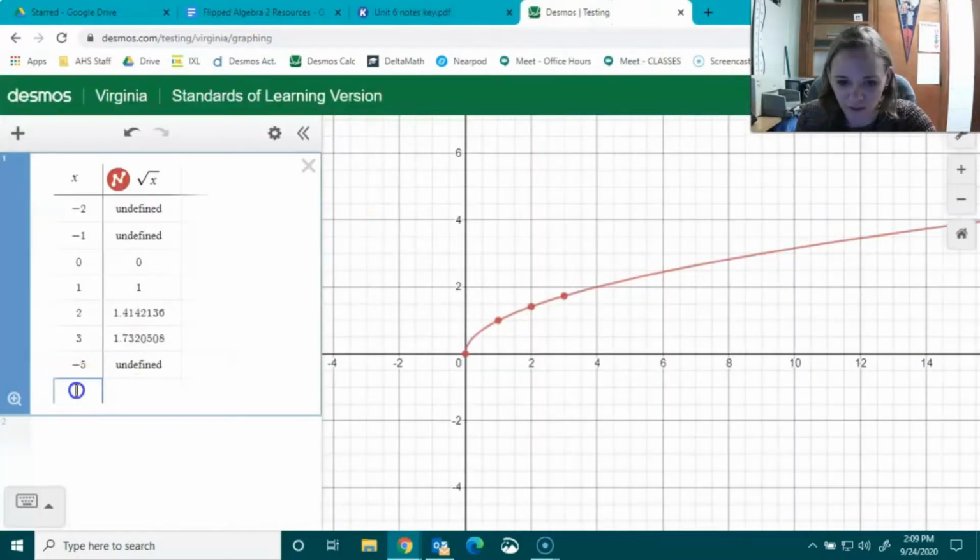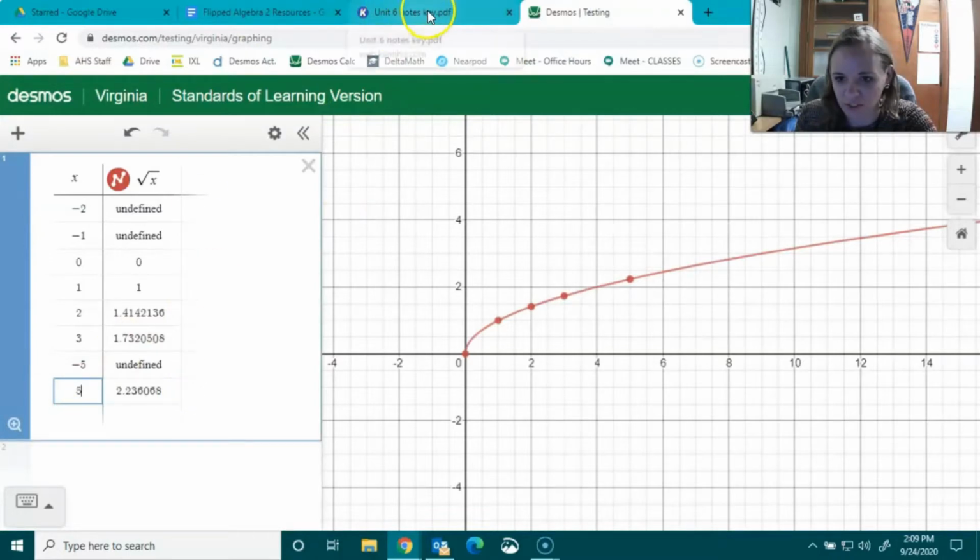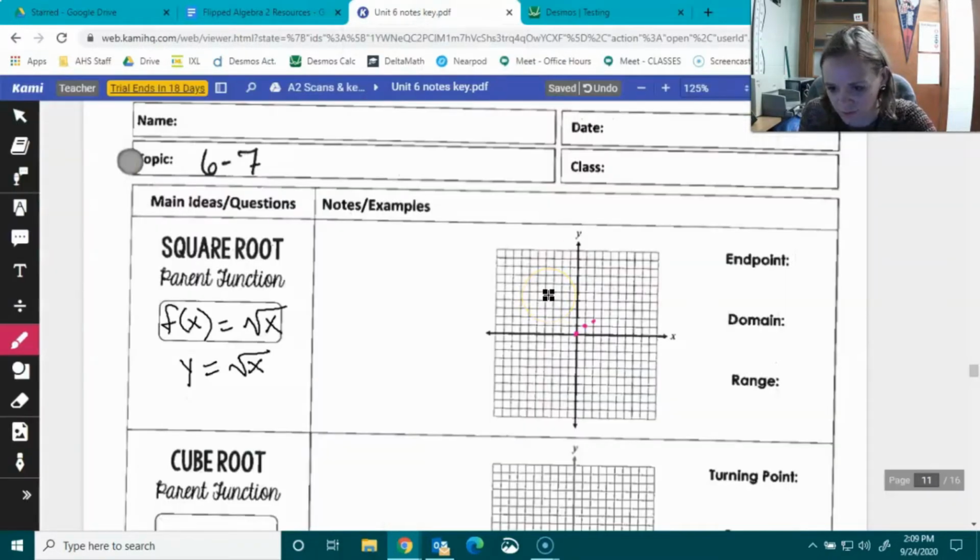Let's do like positive 5. 2.2, so positive 5 is at 2.2. So this is curving up rather gradually. So it'll look about something like that. The endpoint is, of course, like a ray. Remember, a ray has one endpoint, so that's kind of the similar idea on this. My endpoint is right here, and of course that would be 0, 0.